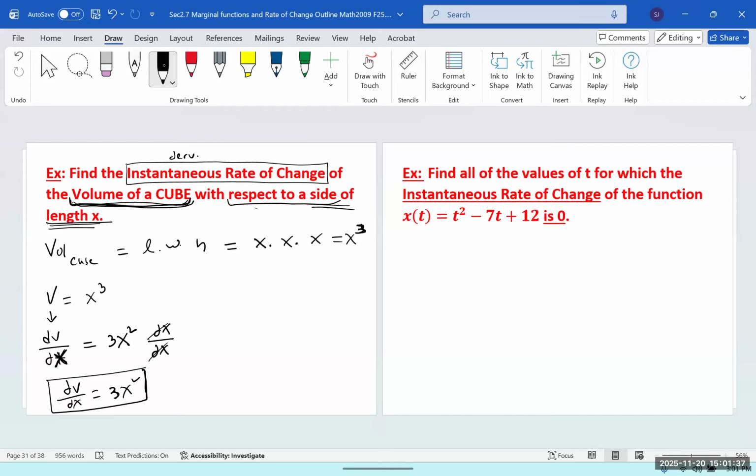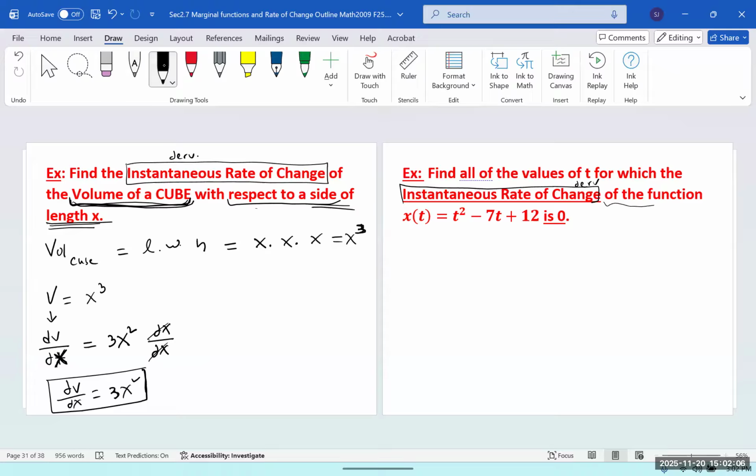Okay, now it says find all the values of t for which the instantaneous rate of change of the function is 0. The instantaneous rate of change means what? Derivative.